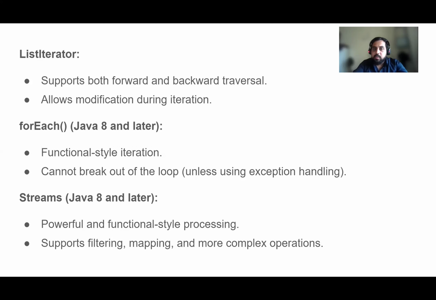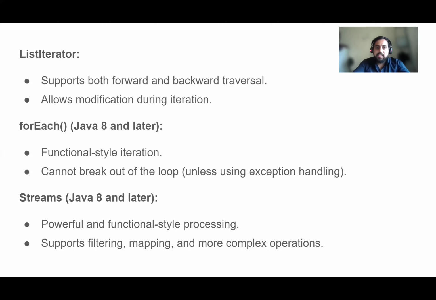ListIterator only supports lists, but it supports both forward and backward traversal and allows modification during an iteration. It extends Iterator, but has other features like traversing forward and backward, and removal, which it inherits from Iterator.